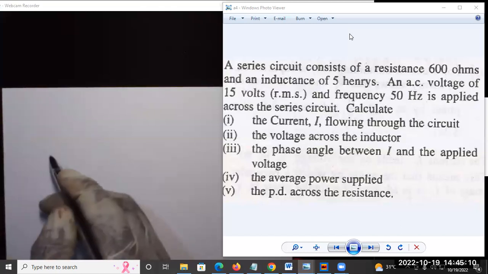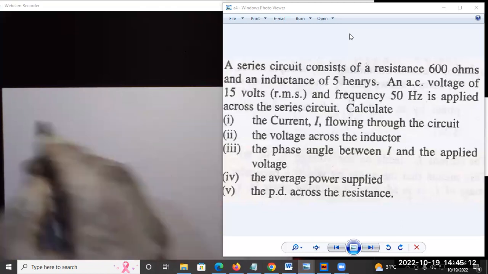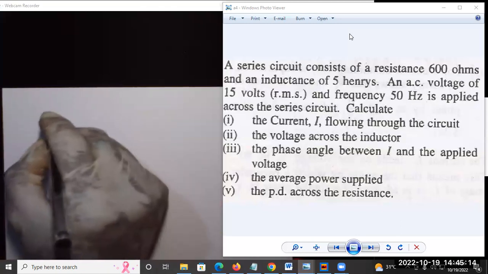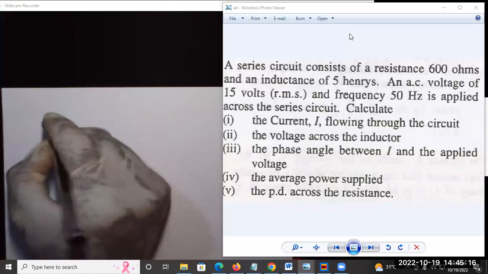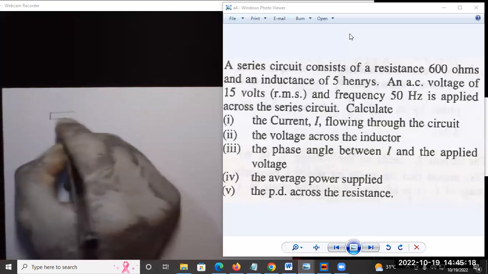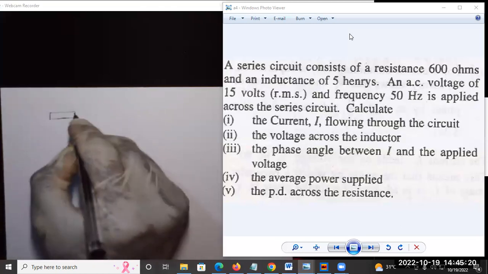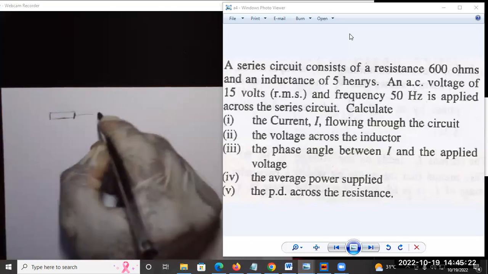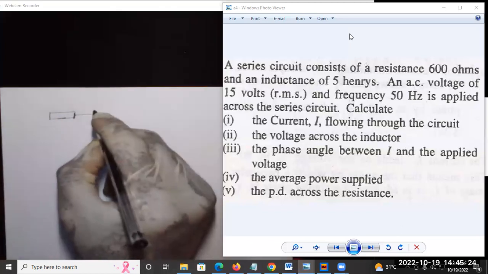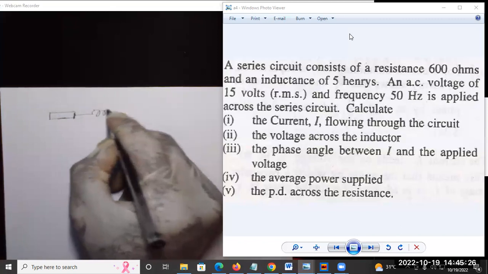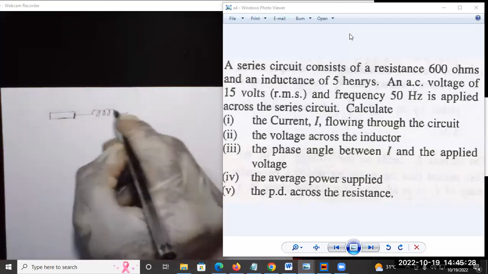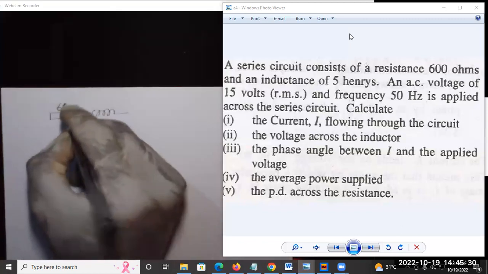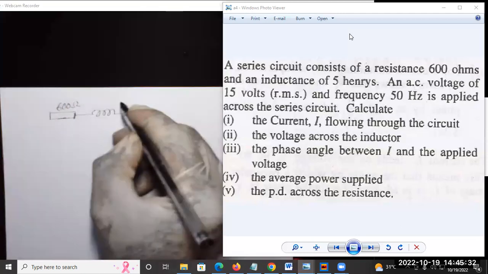The situation of this question has this diagram. You have the resistor connected in series with an inductor. The value of the resistor is 600 ohms.